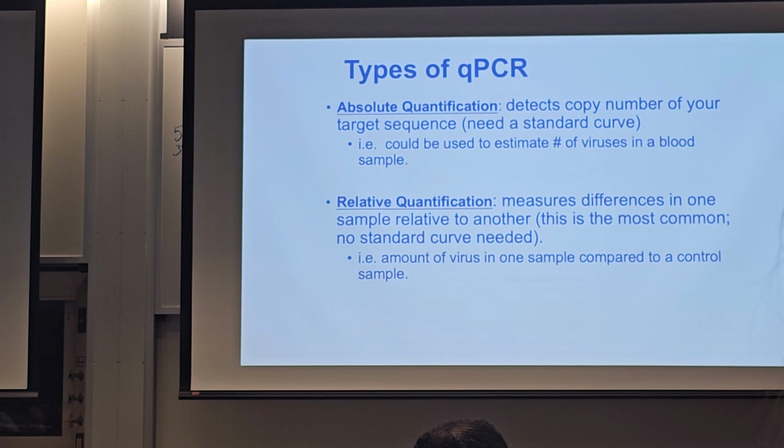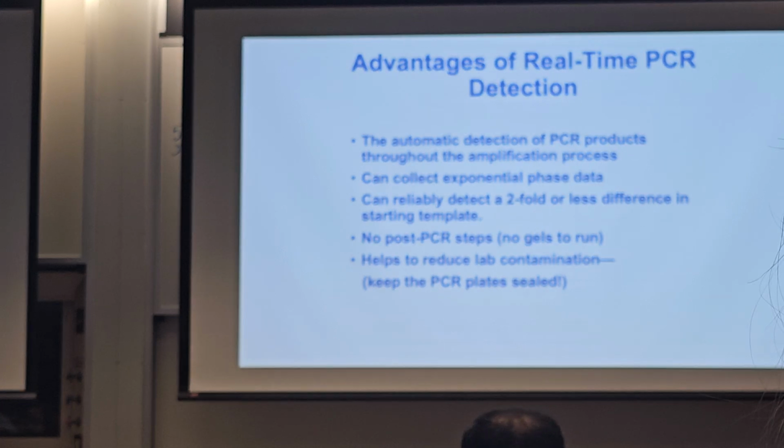Mostly what's published is relative quantitation. But you can do both. Seem okay? We're going to go through this again next week, so if any of this is a little fuzzy, don't worry. We're going to do it again when you get your results.